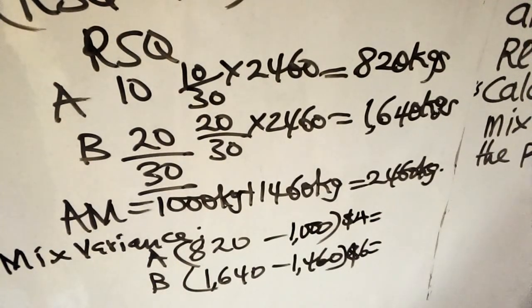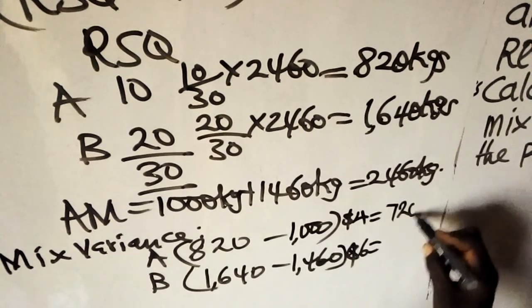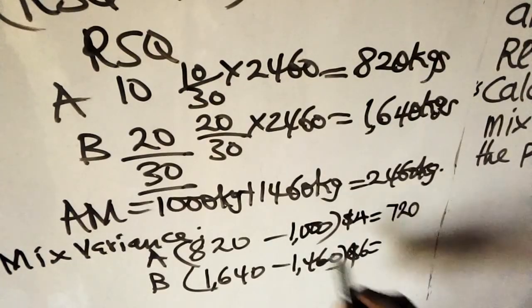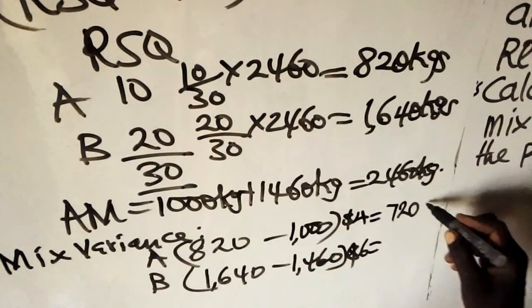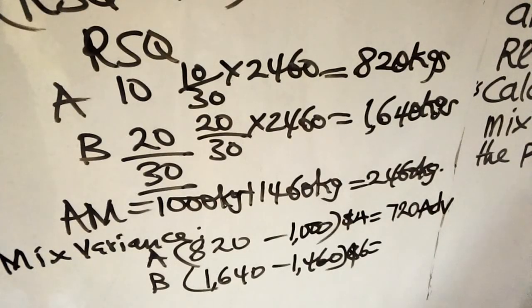So 820 minus 1000, then we have 180 times 4, then we have 720. More materials were used than planned, that is adverse. 720 adverse.